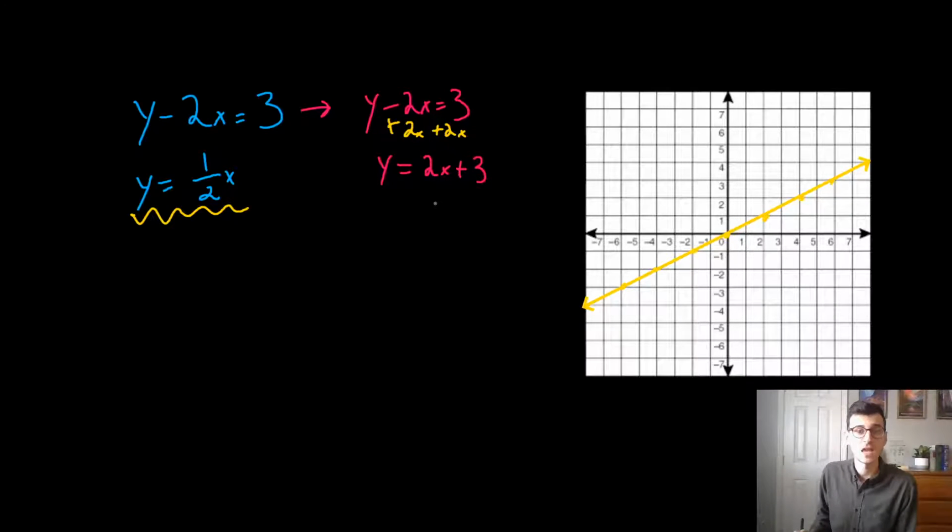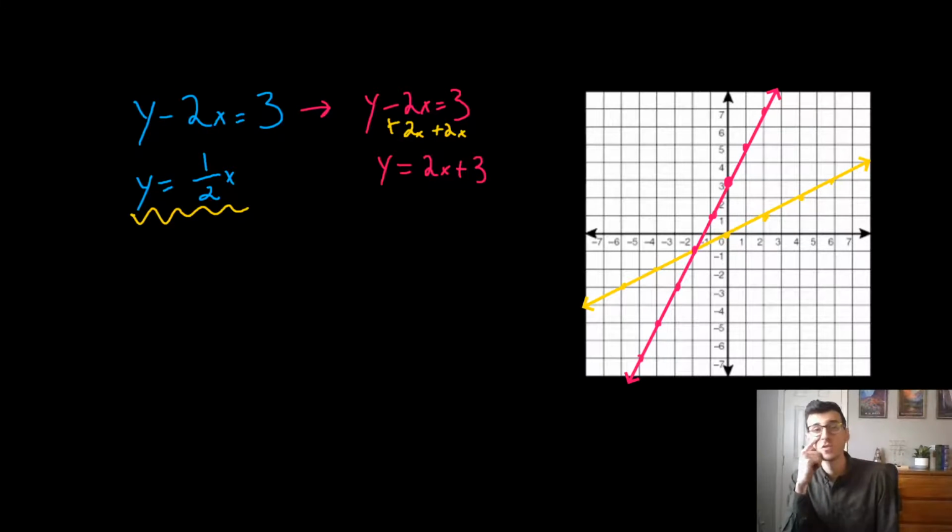And there you have it. It's in slope-intercept form right there. So now I can graph this, right? Go up 3. That's my y-intercept at 3. And now we have 2 as the slope, right? Up 2 over 1. Boom.